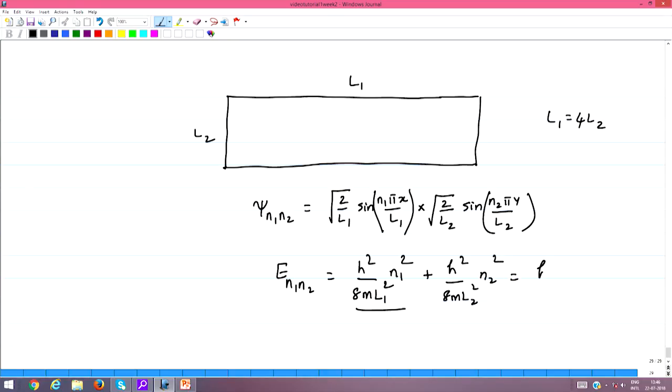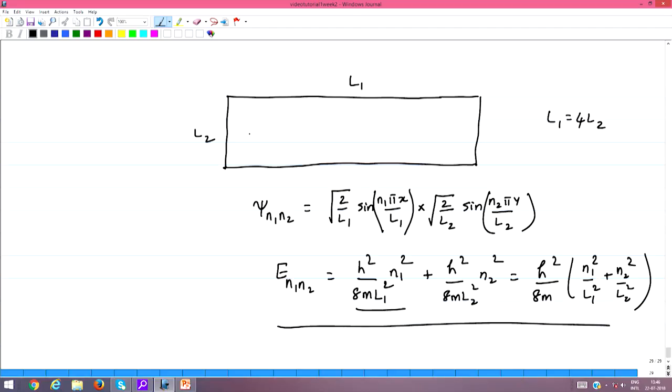Therefore, to write this in common form, it is h squared by 8 m times n1 squared by L1 squared plus n2 squared by L2 squared. This is the expression for the energy when you have a rectangular box. The n1 and L1 go together, n2 and L2 go together, and when these two are equal, we had the simpler expression.